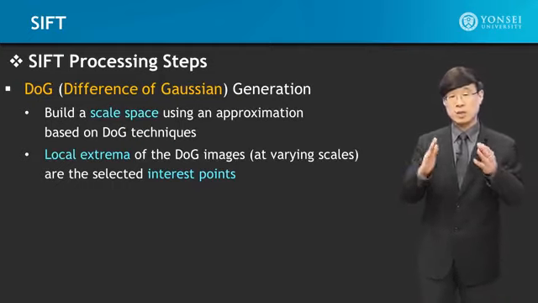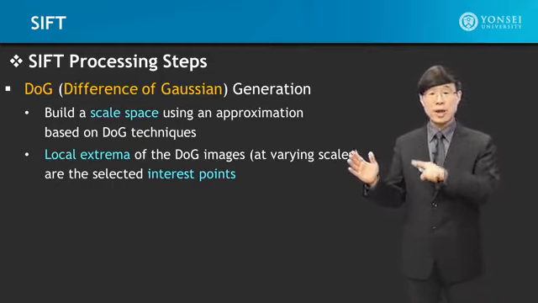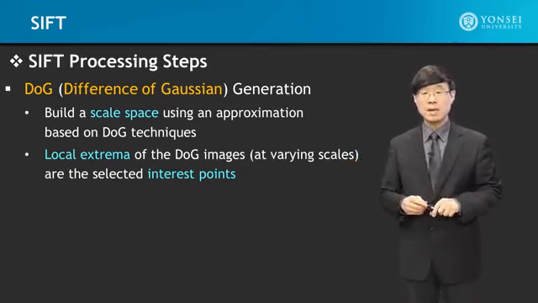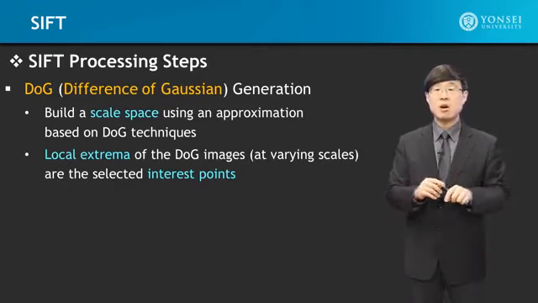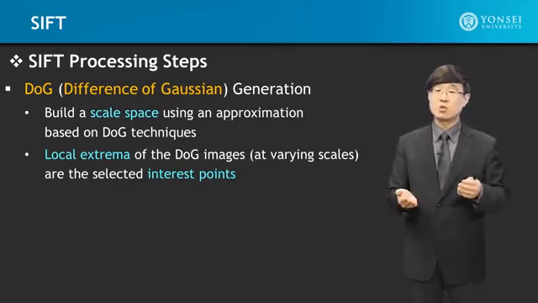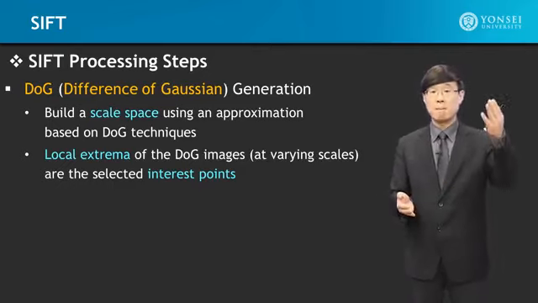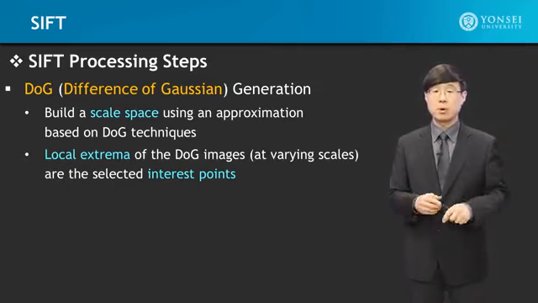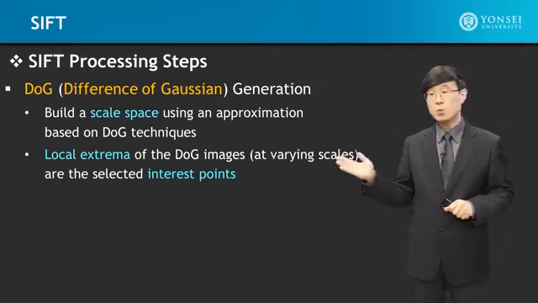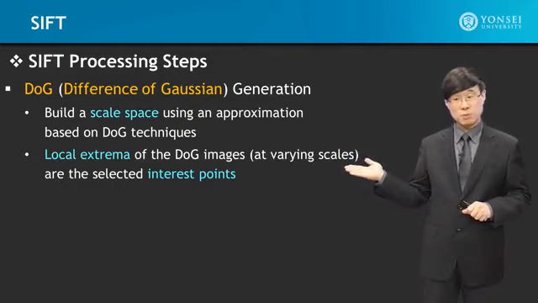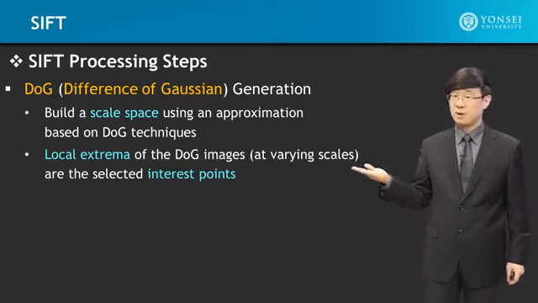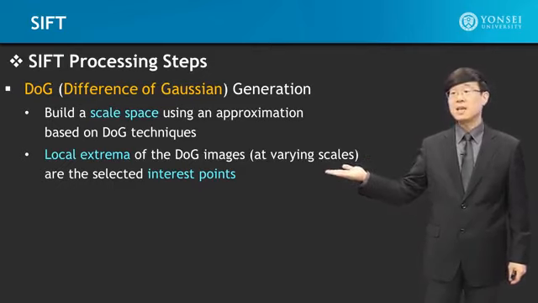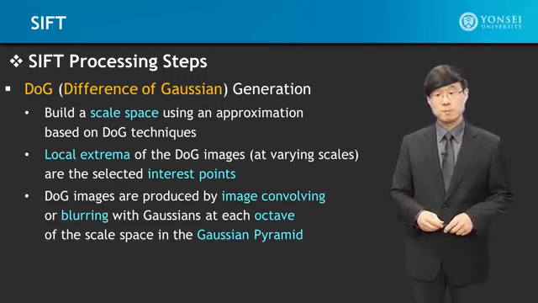Within an image, there are local ranges that you can divide it into based on characteristics of the image. Then, in each local range there are extreme points, which are the extrema, being either a maximum or a minimum point in that local range. That's what we mean by local extrema. And these will be the key points that we are looking for using the DOG images at various scales. These will become our interest points.